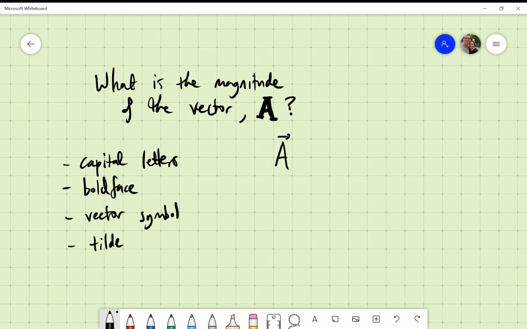You can have the little tilde, which is another one that I've used a lot over the years. But probably the little arrow is the best one for you to use in your handwritten work. So that is the one I recommend.